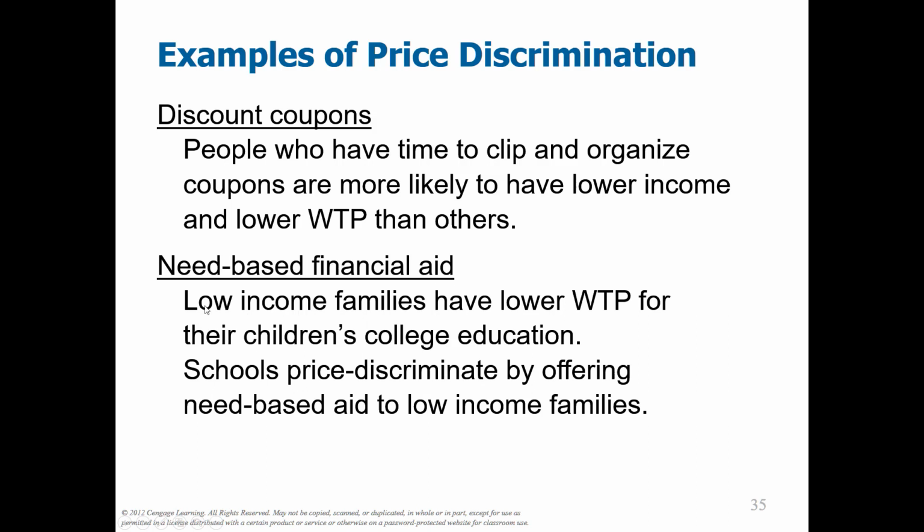Need-based financial aid: low-income families have lower willingness to pay for their children's college education. Schools price discriminate by offering need-based aid to low-income families. So price discrimination does exist in real life, although it's not perfect. And again, that's a way that the monopoly extracts welfare from the consumer to the producer.